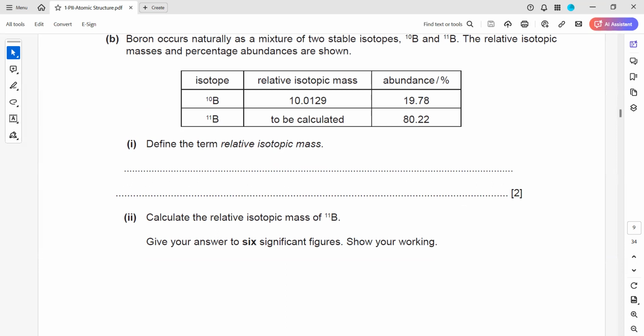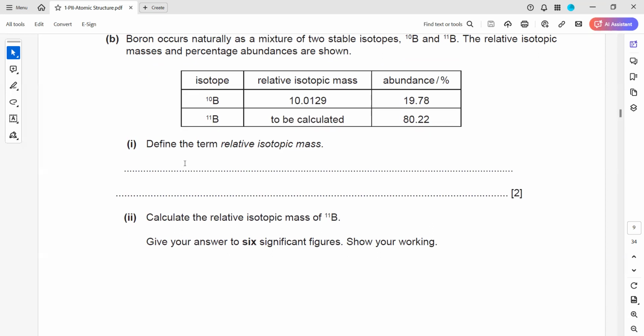So relative isotopic mass is the mass of an isotope, or mass of an atom you can also say, but because it's about isotope you say mass of an isotope, compared with the 12th part of carbon 12. This is the standard definition. You have to memorize this definition.